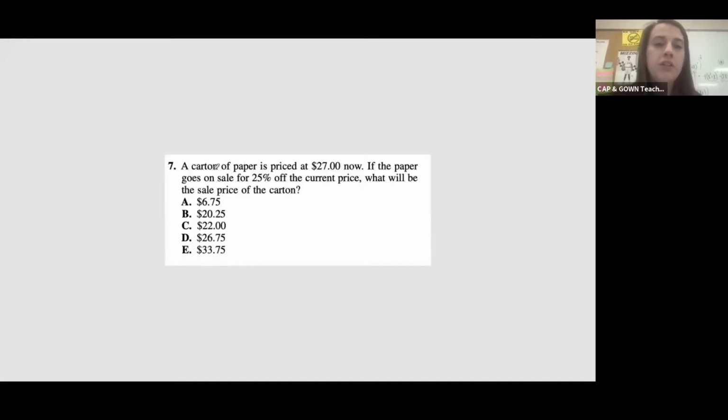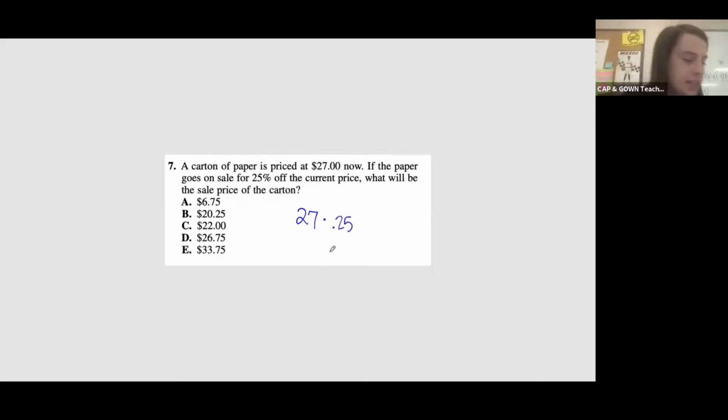Okay, a carton of paper is priced at $27 now. If the paper goes on sale for 25% of the current price, what will be the sale price of the carton? Well, be careful. So to get the sale price, first you're going to multiply, and this is exactly what I'm going to put in my calculator, 27 times 0.25.